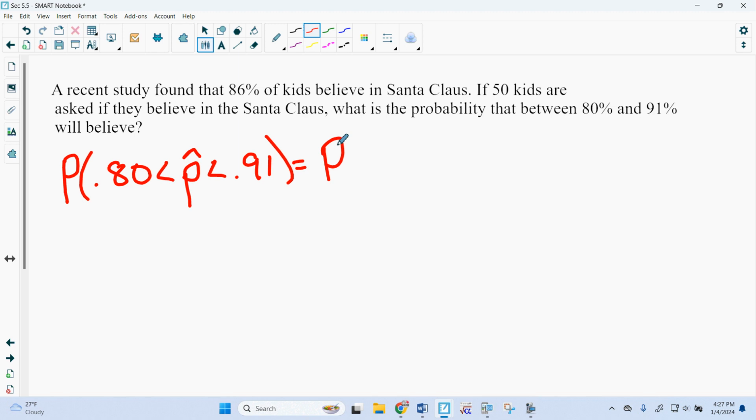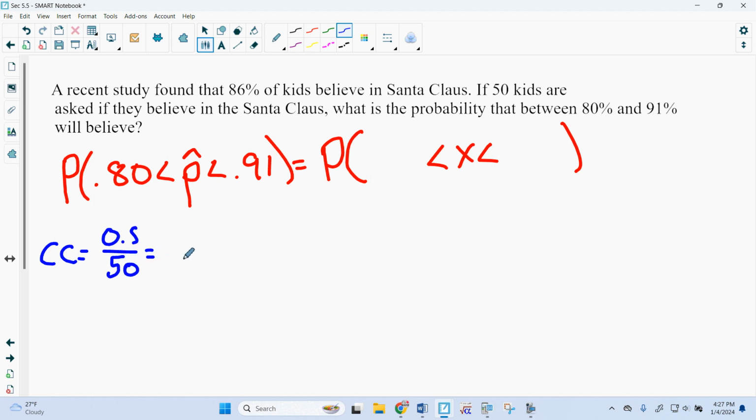The first thing we need to do is we need to convert this to a normal distribution, to just x. We do that by finding our continuity correction, which is 0.5 over 50, which is 0.01. We subtract that from the 0.8, which is 0.79. We add that to the 0.91, which is 0.92.